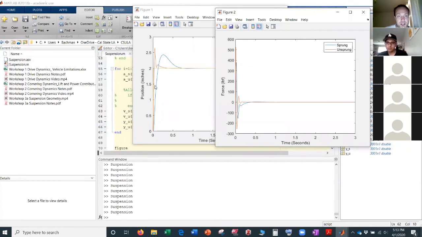So in this case, it just goes up these two inches and it pushes it. So this just kind of stretches. It basically means the tire stays on the ground.